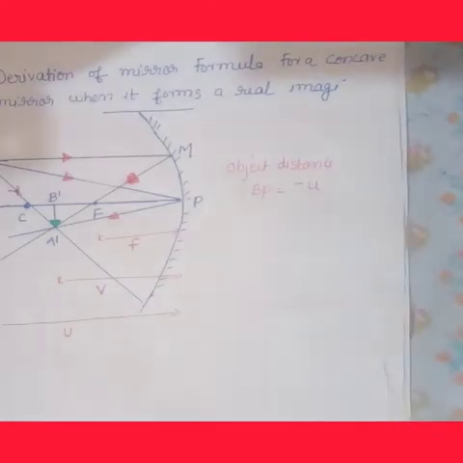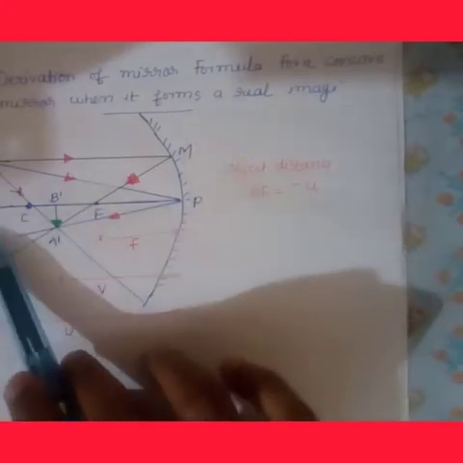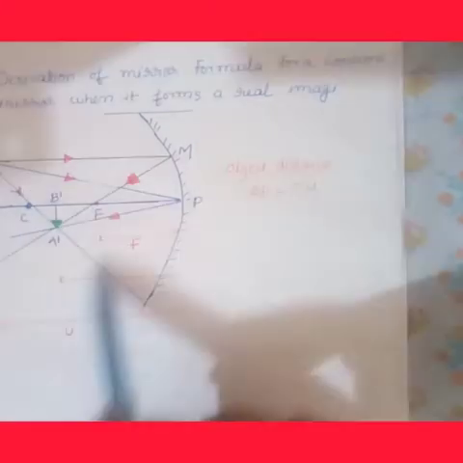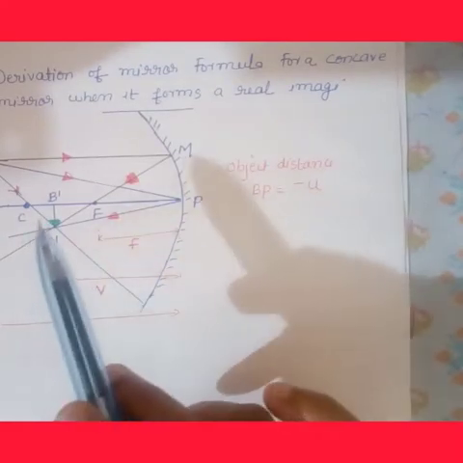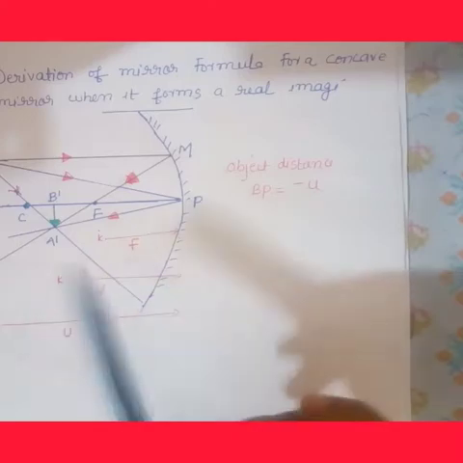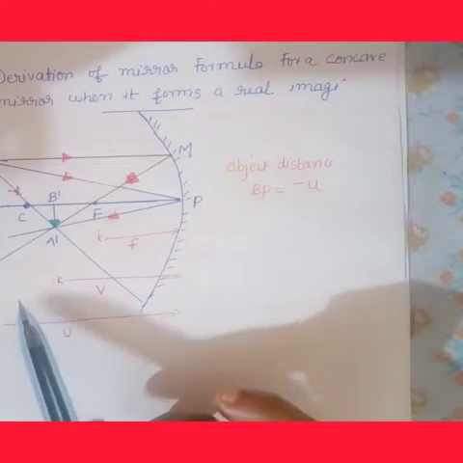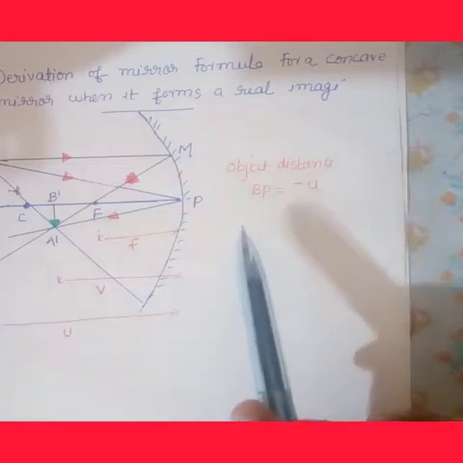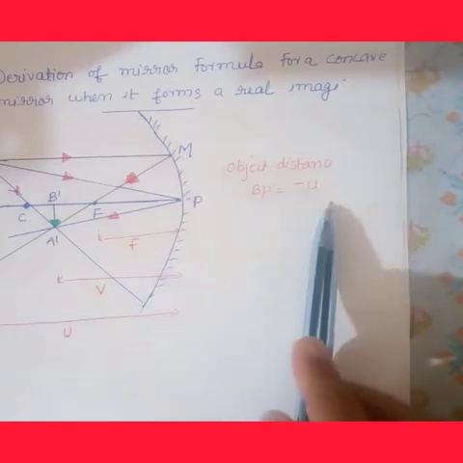The distance is measured from the pole to the object, and on the left side all distances are negative. You have to take the negative sign by using the new Cartesian sign convention, and you have to write the signs also. So in this case BP, the object distance, is minus u.